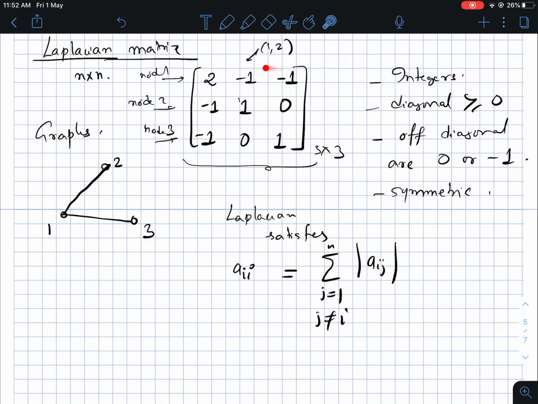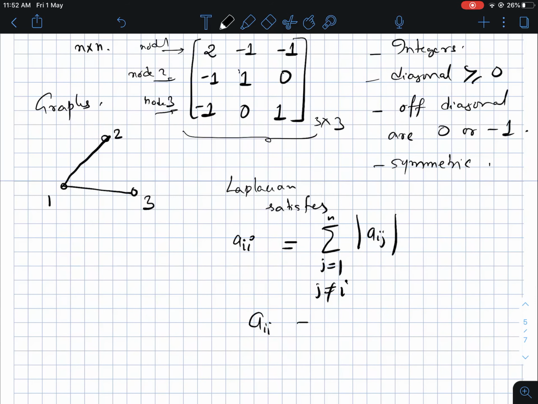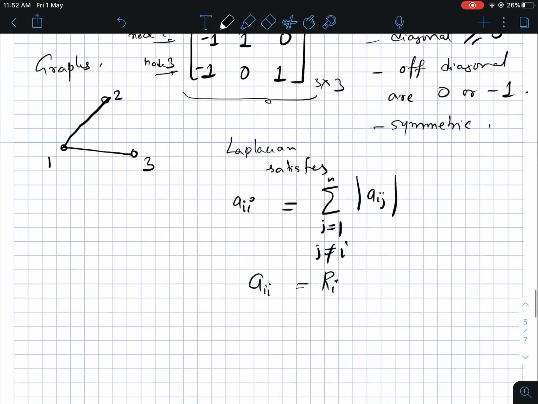I said there has to be as many minus 1s as the diagonal entry. That means that the diagonal entry is actually equal to the sum of the absolute values of the off-diagonal entries. 2 is equal to 1 plus 1. Right? Similarly, 1 is equal to 1 plus 0, and this 1 is equal to 1 plus 0. Okay, so the diagonal entry is actually equal to the sum of the off-diagonal entries. In other words, a_ii is equal to r_i in this case.